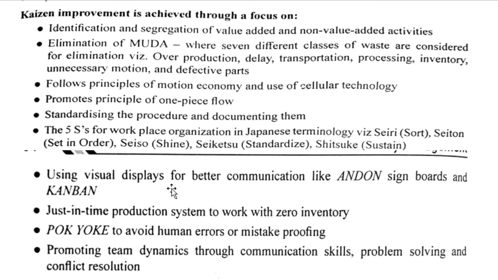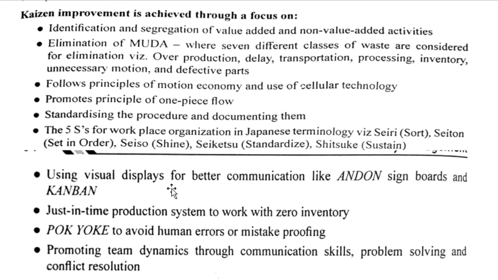Kaizen improvement is achieved through a focus on identification and segregation of value added and non-value added activities, and elimination of MUDA.